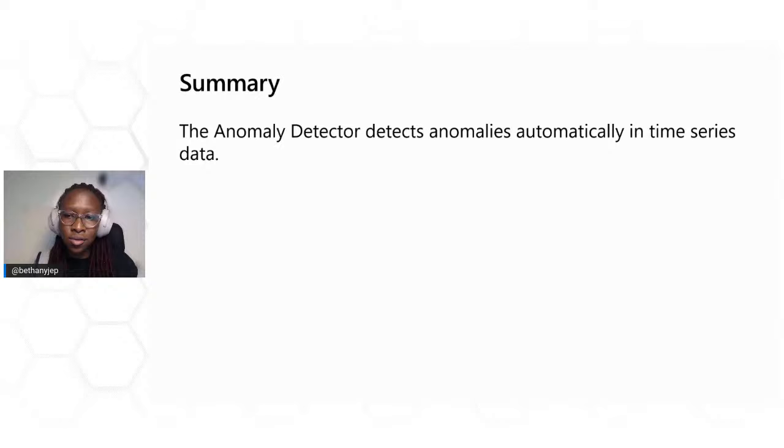So of course, you have to ensure your data is in time series and the format is JSON. And then with that, you can identify if you have any issues with the data or not. You can use this API in your different languages and you can integrate it as a REST API.